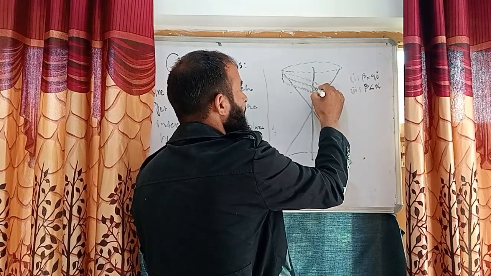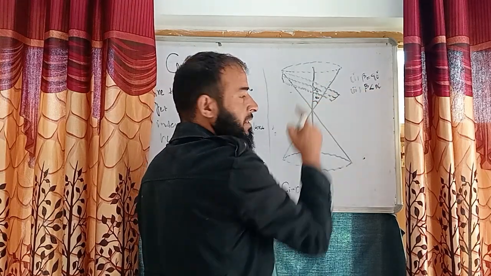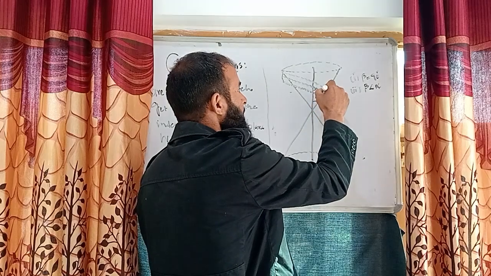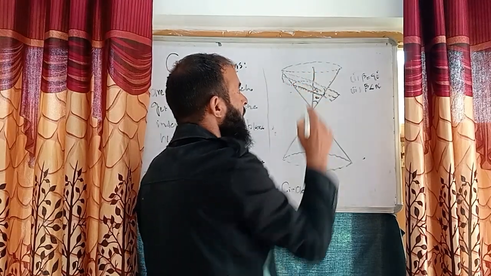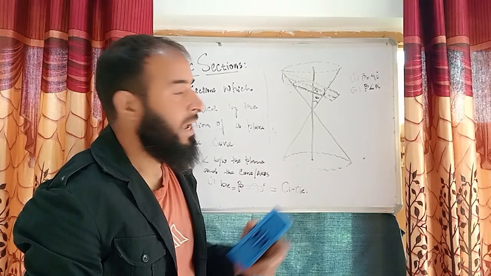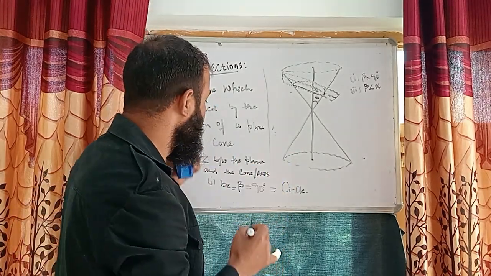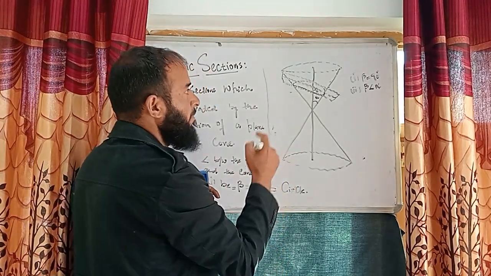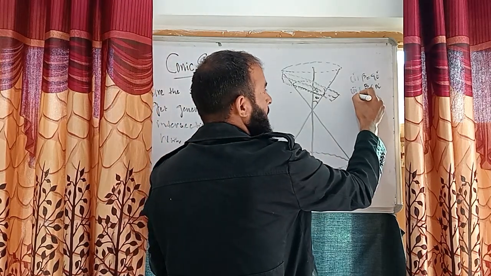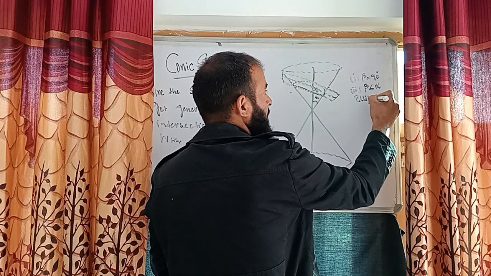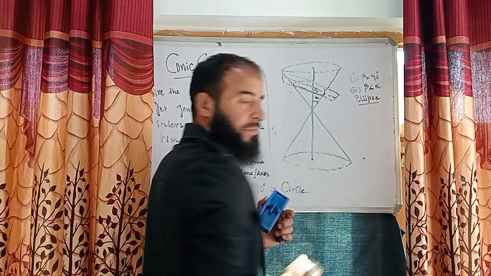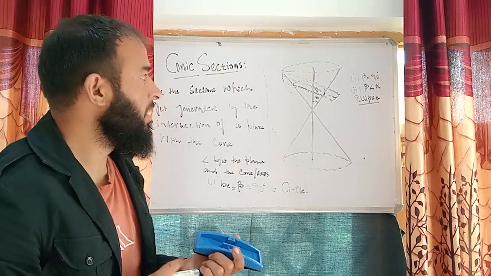So this is our beta. If this beta is less than alpha, we get this type of figure, and this is known as an ellipse.